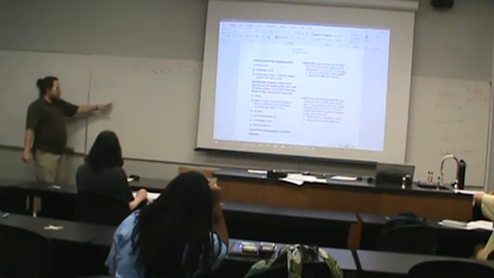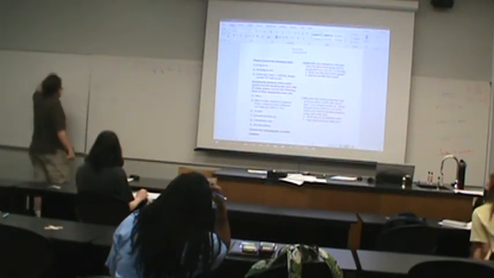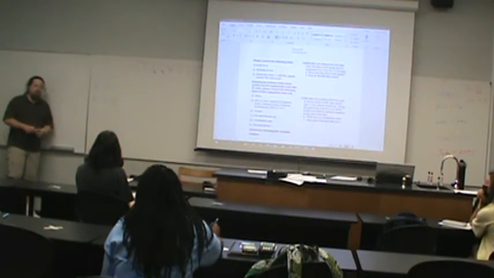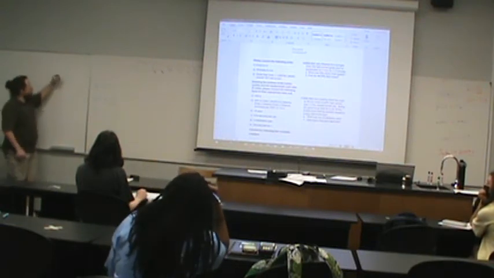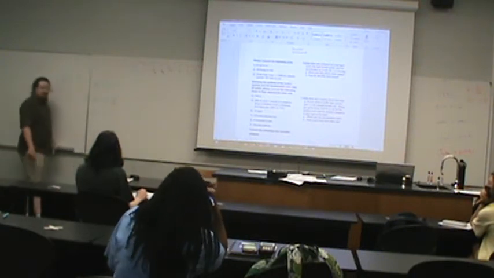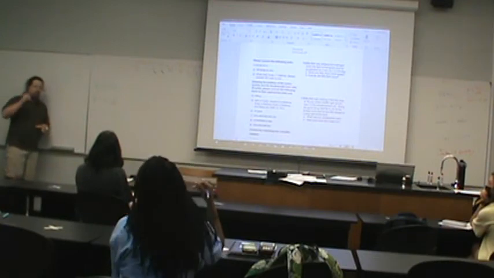But what this represents is, if you remember how we found the formula for acceleration, delta V over delta T, the units here are meters per second divided by seconds. This is the rate of change of velocity.